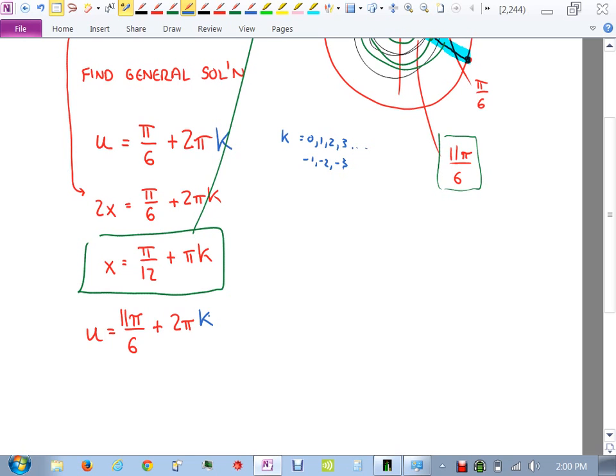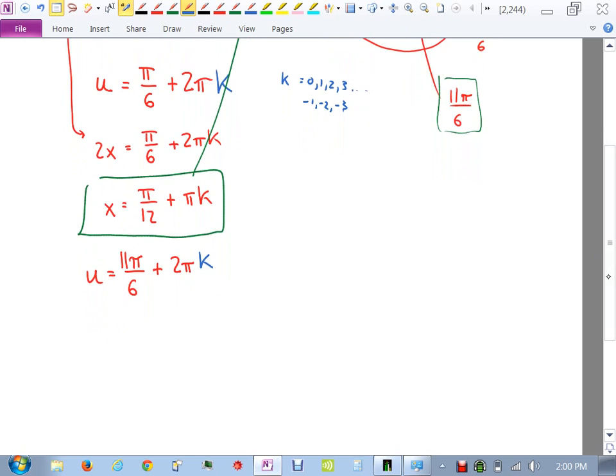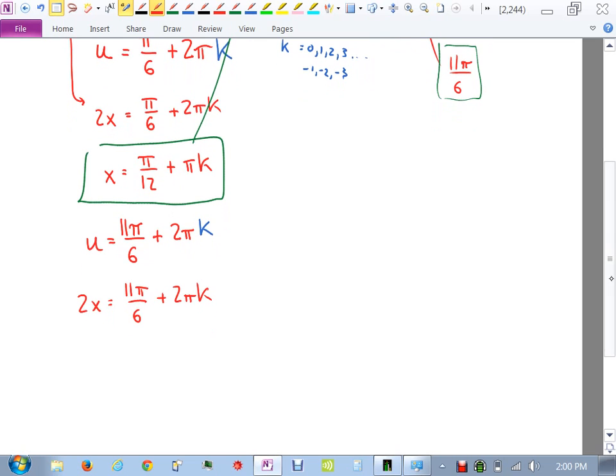And then replace again my u with 2x, and divide through by 2 again. And so you get 11 pi over 12 plus pi k. So that's my second general solution.